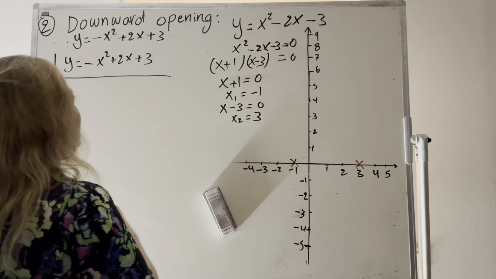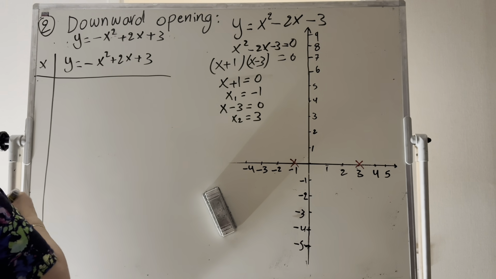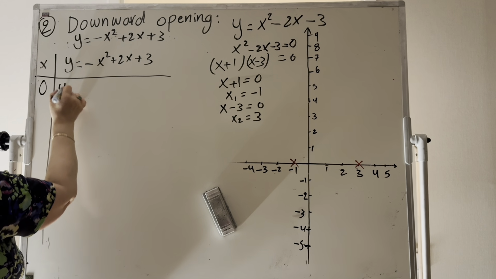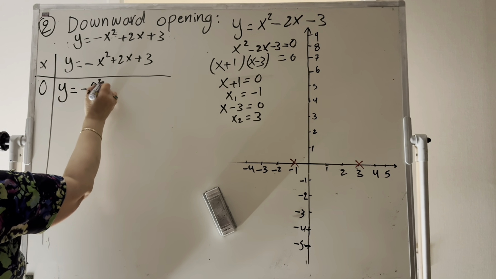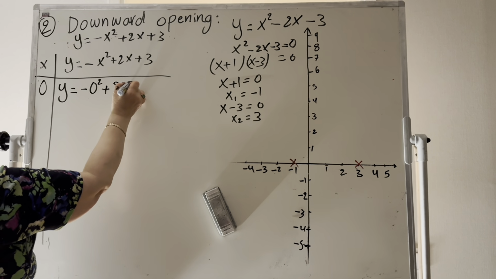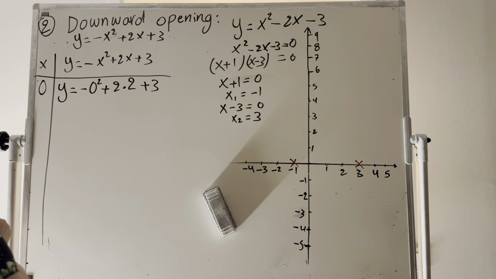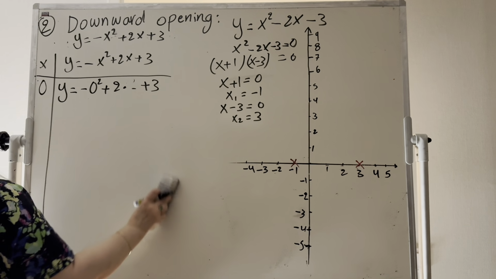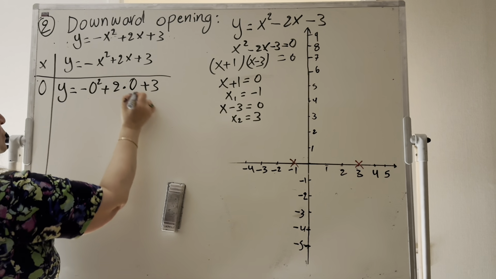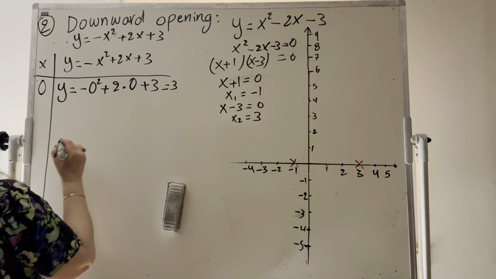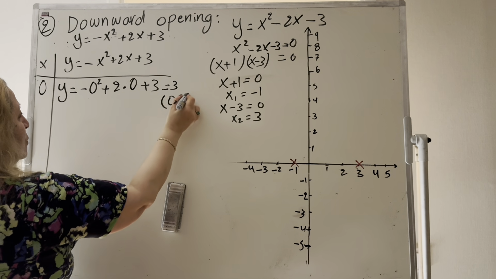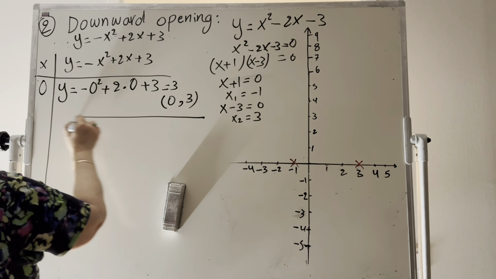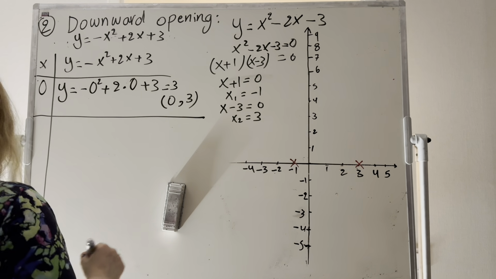Then I will draw the curve, or parabola, and I will begin with x equal 0. y equals minus 0 squared plus 2 by 0 plus 3. So when x equals 0, y equals 3, exactly this point.